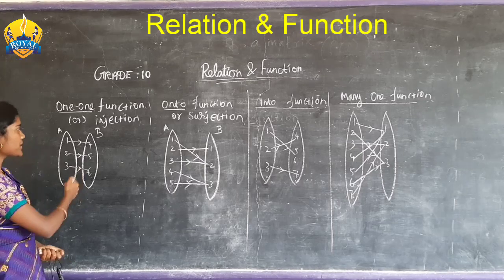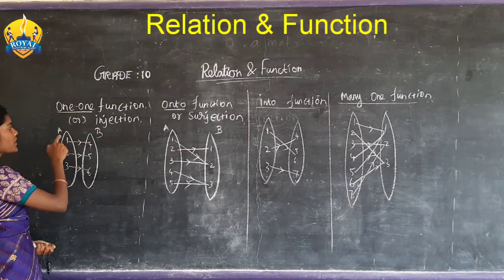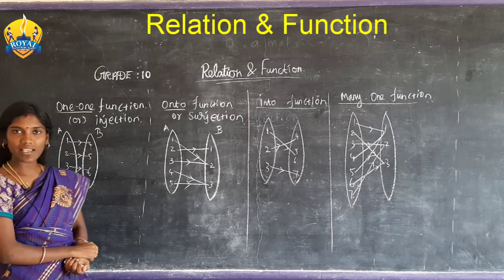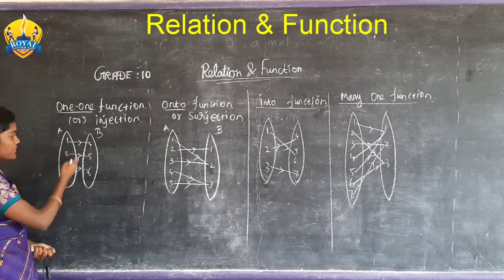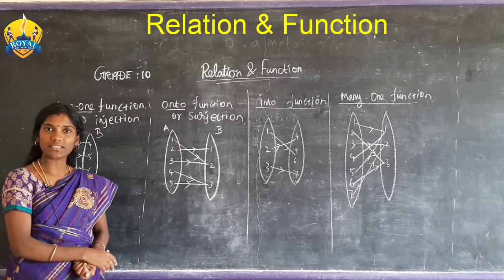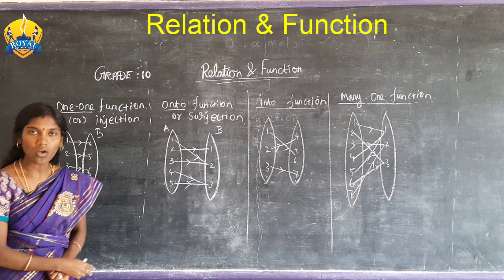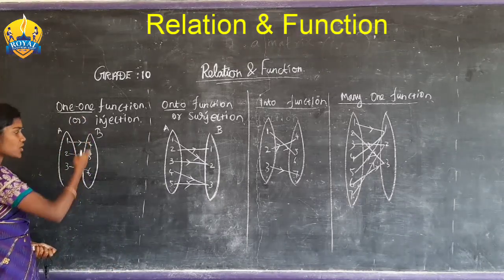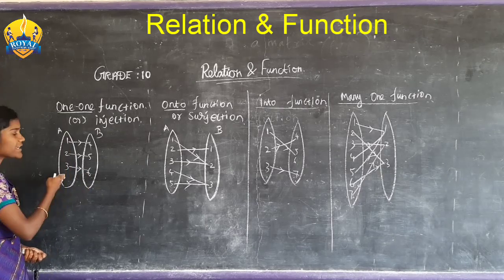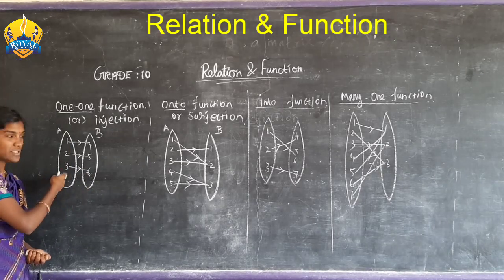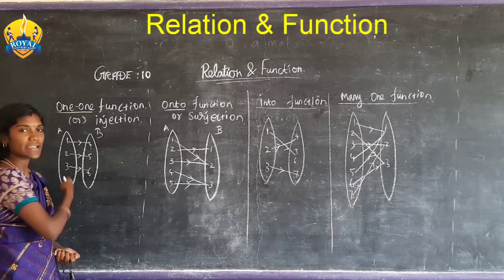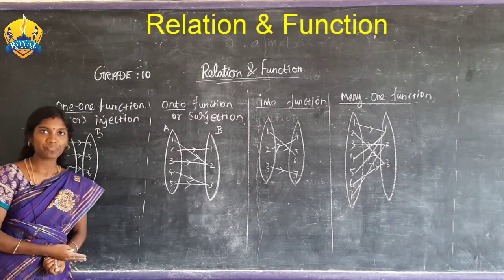Here in this picture I will draw two non-empty sets, that is A and B. Here see, every element is connected. Already I taught you, the codomain elements are called image and the domain elements are called pre-image.